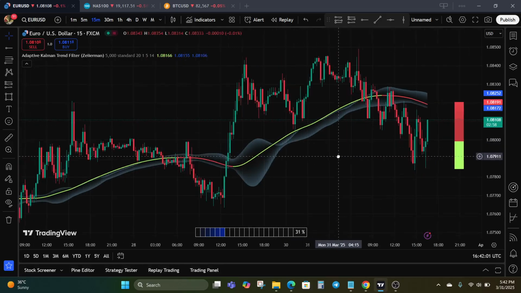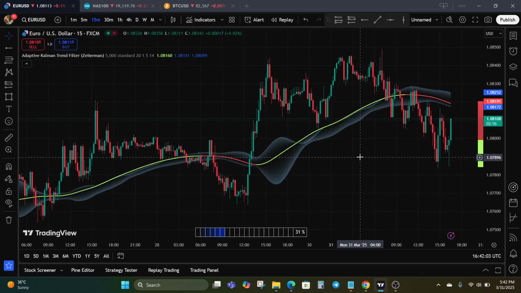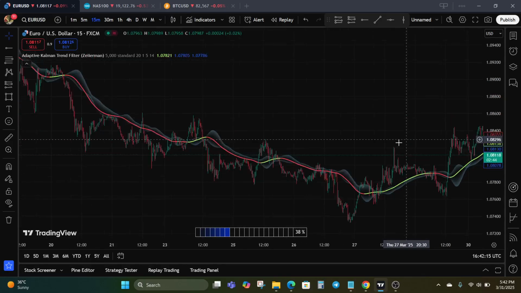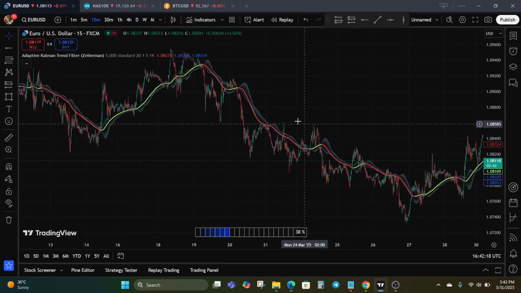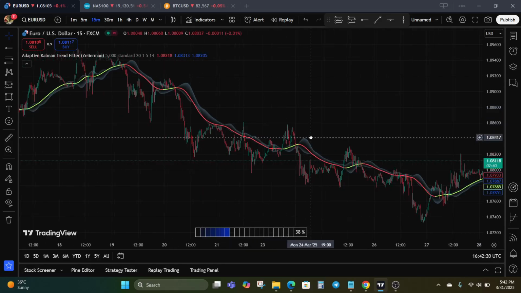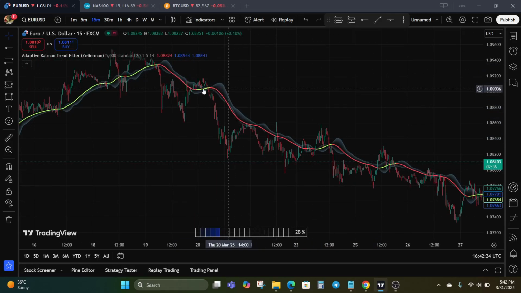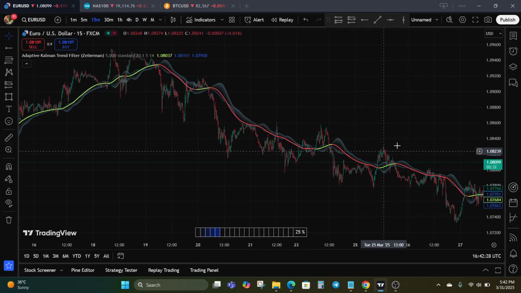Then with respect to trend confirmation, if the indicator stays in one direction for an extended period, it confirms a strong trend. For example, we have a scenario whereby the indicator was mostly trending downwards and mostly red. It shows that the trend was strong.